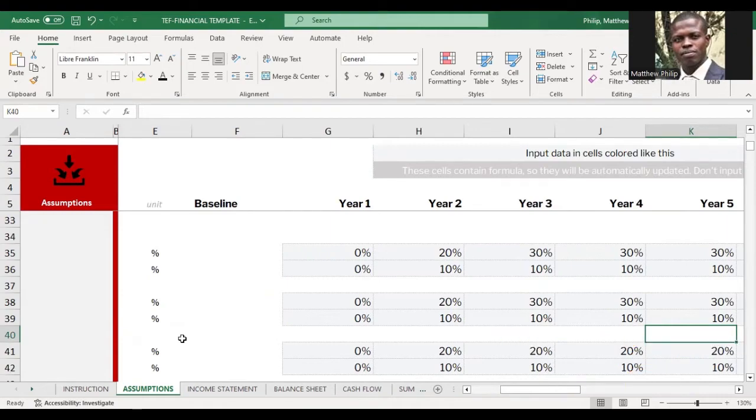Now the tricky part of this is that in your business plan template, that's the MS Word, under the financial plan, there's a heading which is Financial assumptions. This is where you get your information to fill the financial assumptions in the MS Word business plan template.